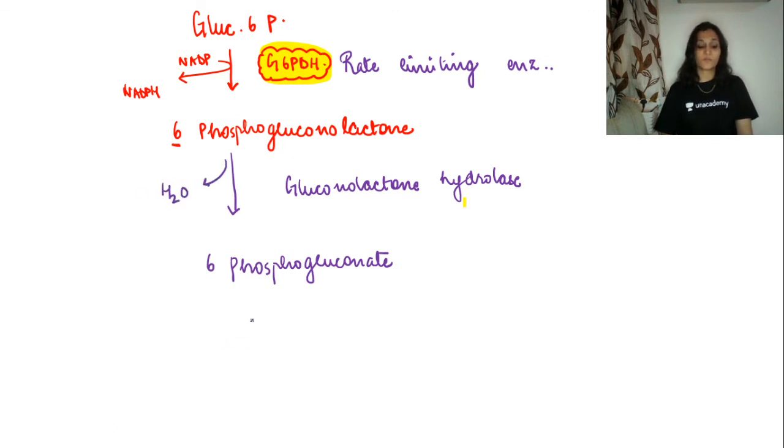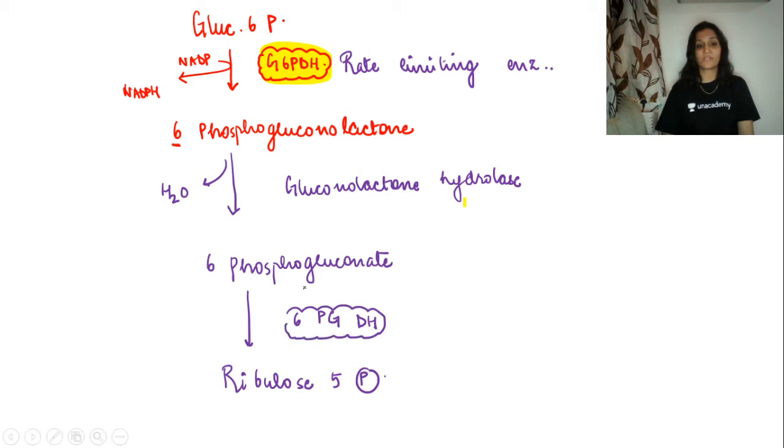Now 6-phosphogluconate is going to get converted into ribulose 5-phosphate. And this is actually a 6-phosphogluconate dehydrogenase dependent reaction. 6-phosphogluconate dehydrogenase is the enzyme responsible for formation of ribulose 5-phosphate from 6-phosphogluconate.